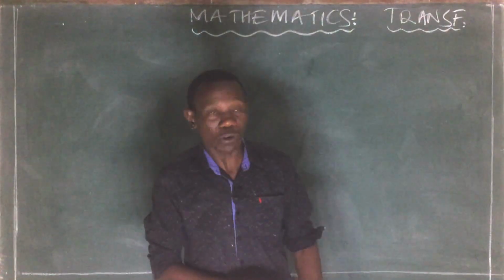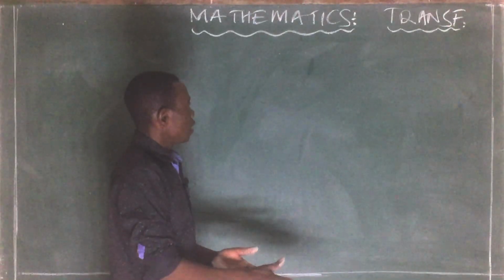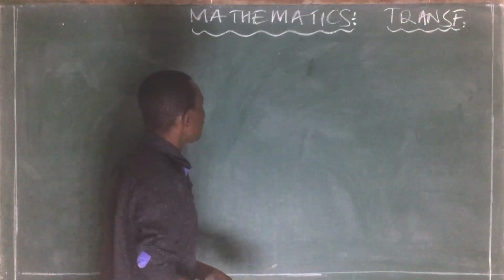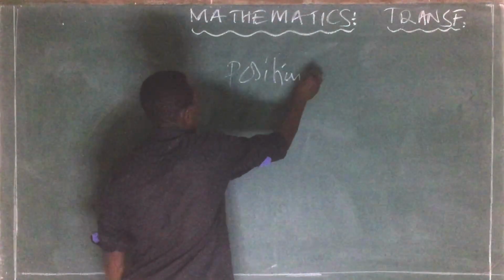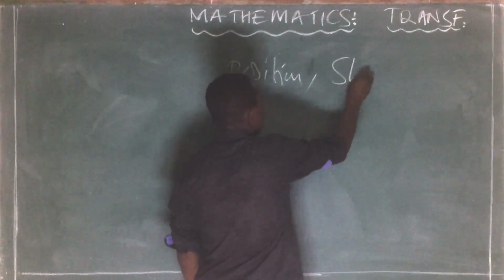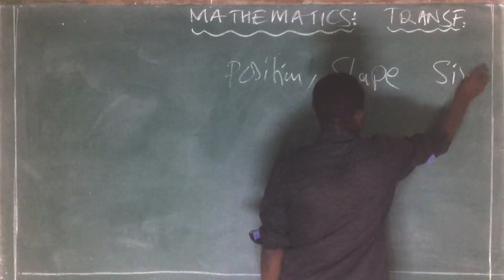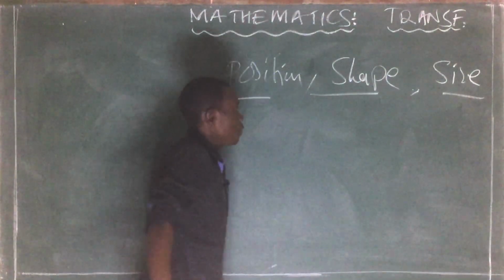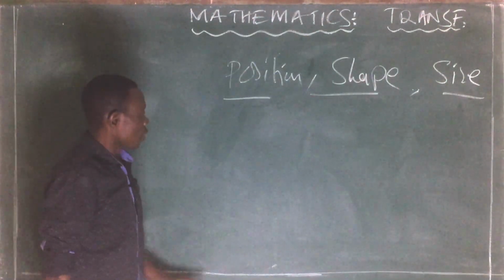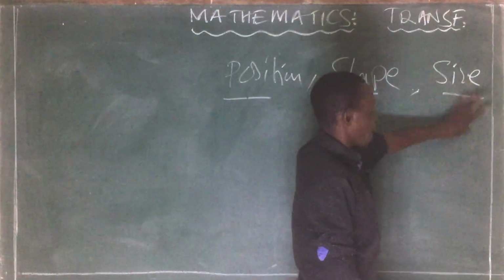It can be a triangle, or whatever polygonal shape. If that can change in terms of position, in terms of shape, in terms of size, these 3 terminologies define transformation.